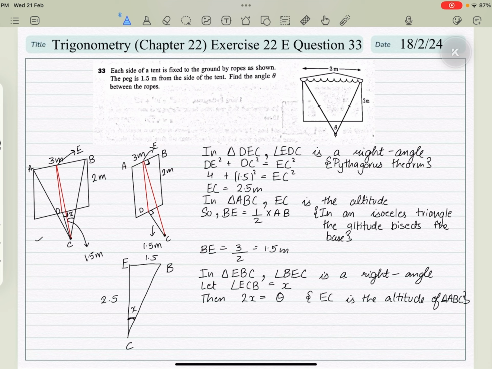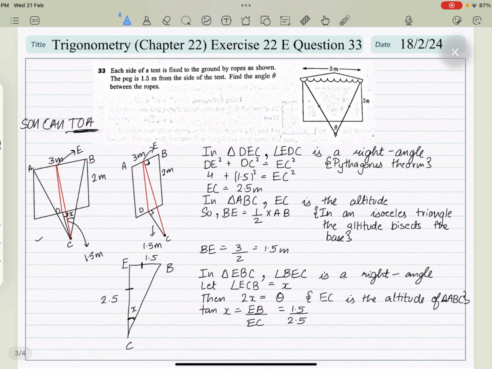Now, when we know this, we can just find X. We can see here that if this is X, we know the opposite, we know the adjacent. So we can use the TOA thing. We can write tan X is equal to opposite upon adjacent, that is EB upon EC, that is 1.5 upon 2.5.